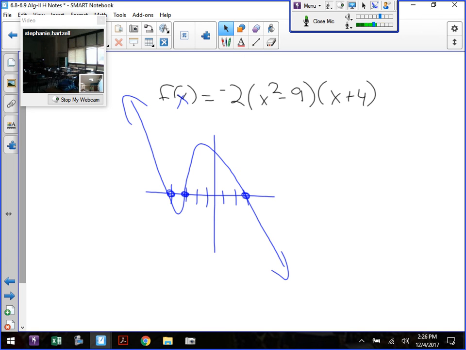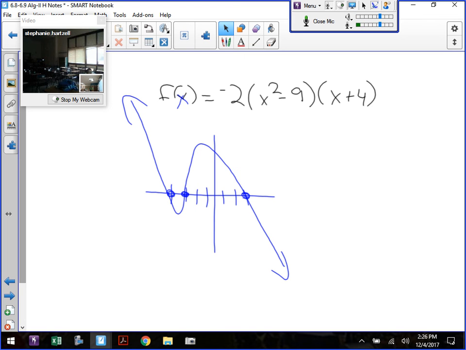What would you get for a y-intercept if you multiplied all that out? 72. Your y-intercept will be at positive 72.